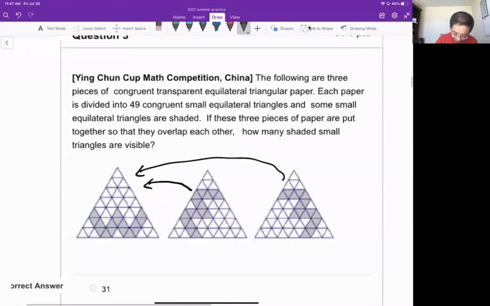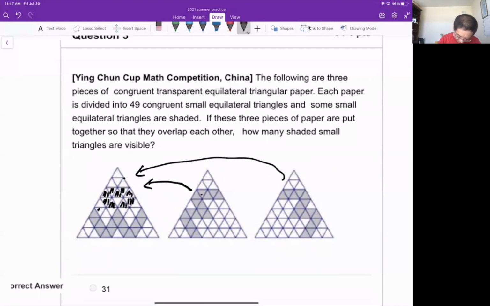When we observe this picture, it's clear that if we put them together, let's say we just look at the first one, the other 2 are put under it, overlapping. Then we see we have 4 from here, and we also have one more here, so these 2 we have here.